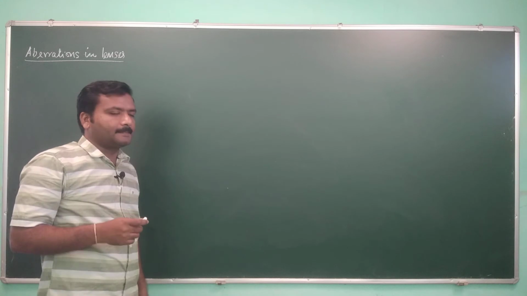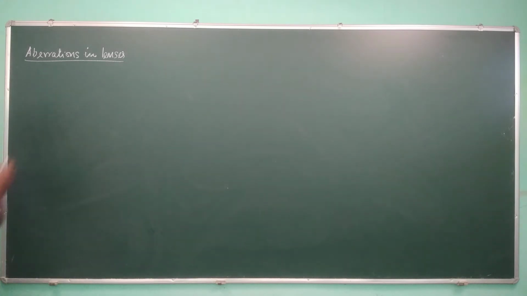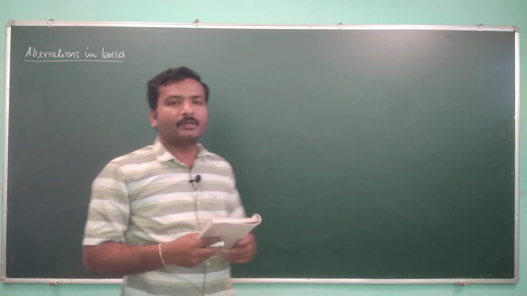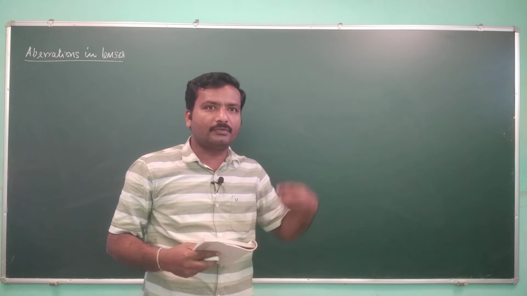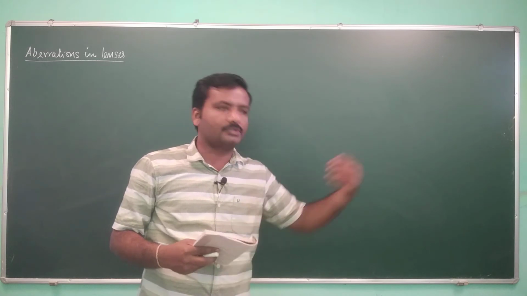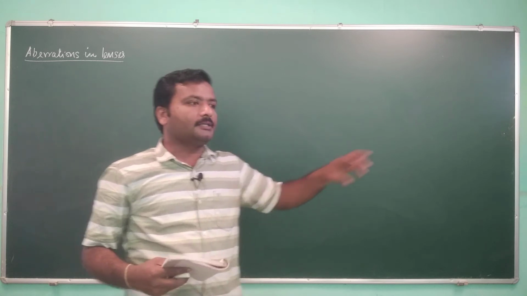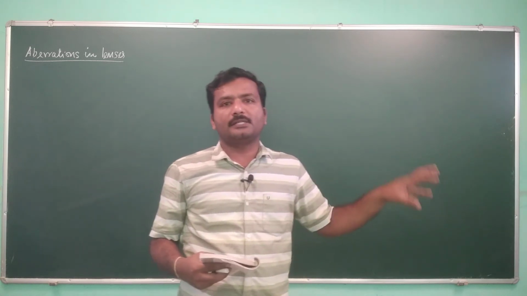What is aberration? Aberration is nothing but when an object is formed as an image after the light ray from the object passes through a lens, this object and the image should be one and the same.